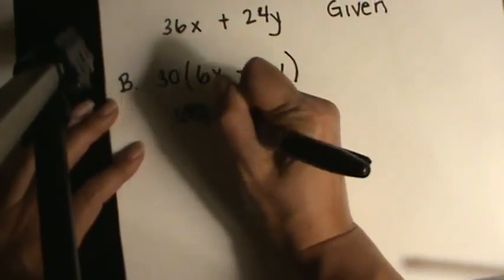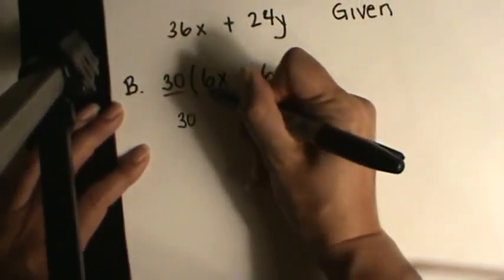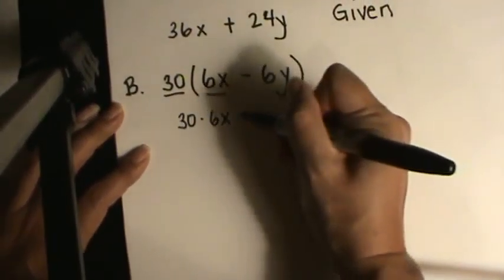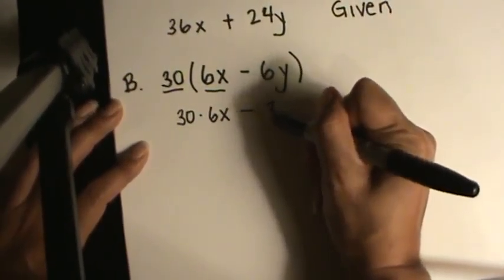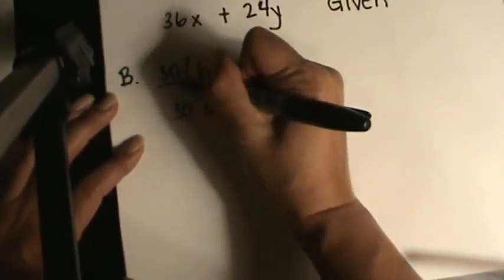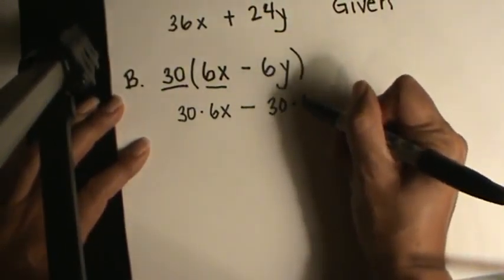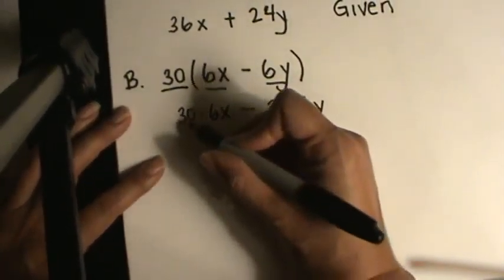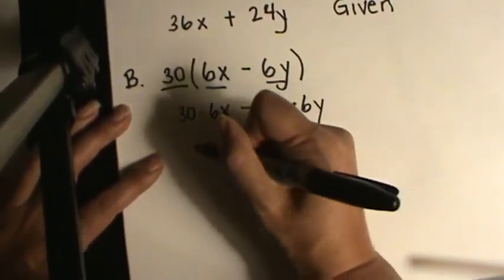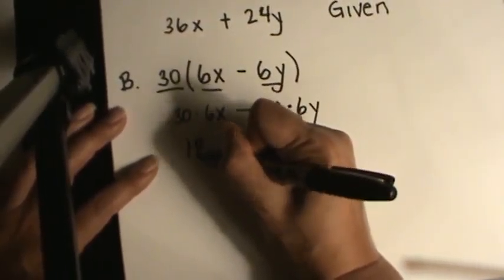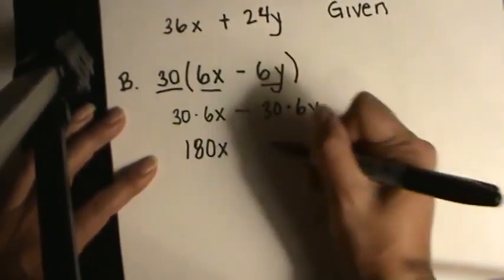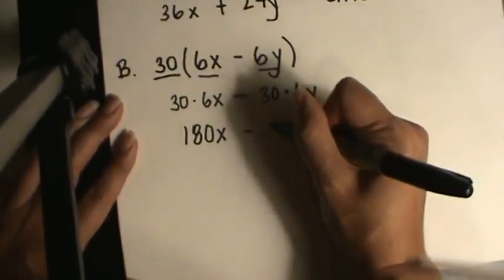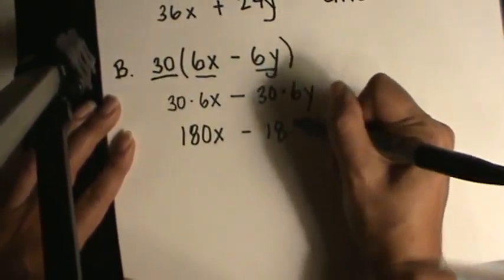30 times the quantity of 6x minus 30 times the quantity of 6y. 30 times 6x is 180x minus 30 times 6y, 180y.